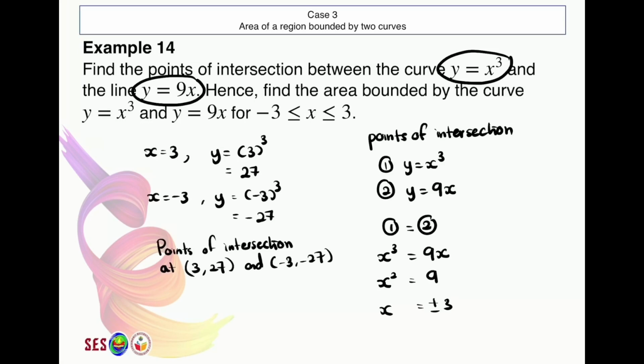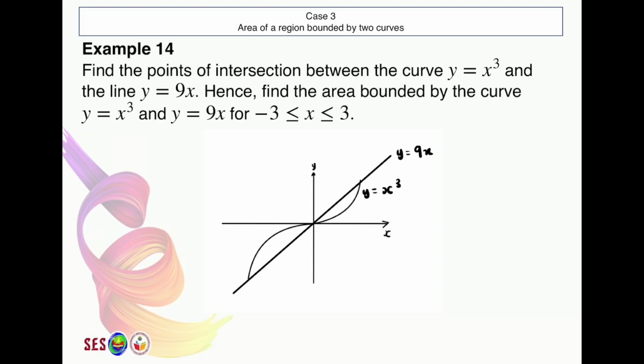So now we're going to find the area bounded by the curve y equals x cubed and y equals 9x. We already knew our intersection points, so we could label them. This will be x equals 3, and this will be x equals -3.